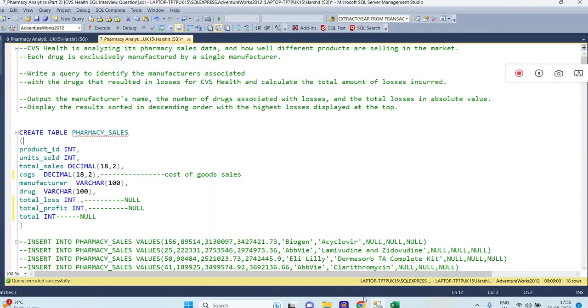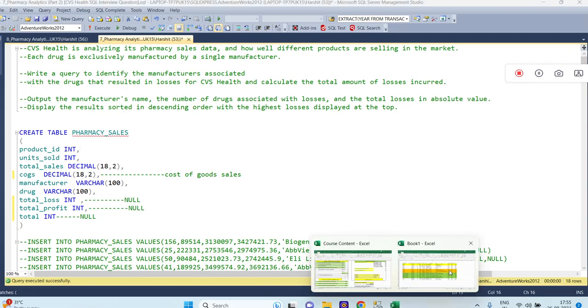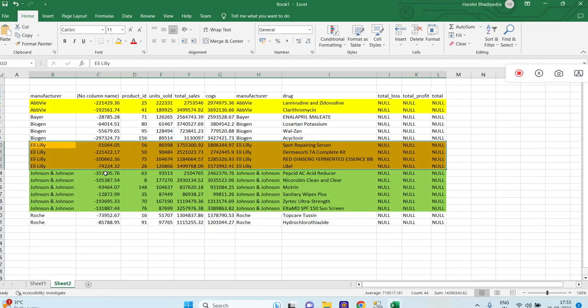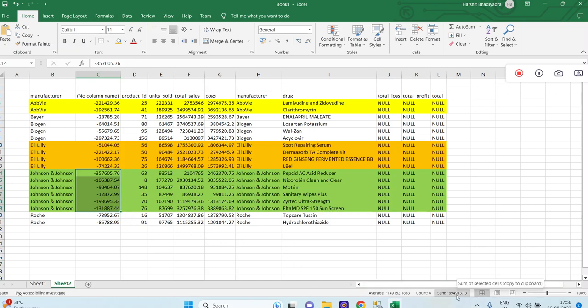So now for the number of drugs associated with the losses, we need to use the count aggregate function, right? And then total losses in absolute value. So over here, we need to do the sum of all these values, and if you see over here, the sum of these values is 894,913.13, right?